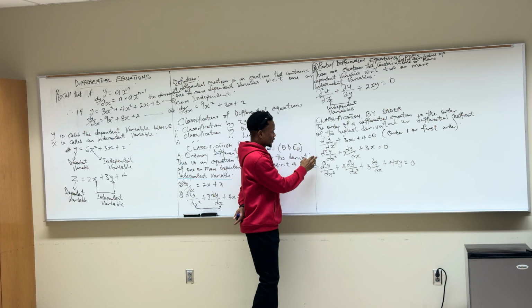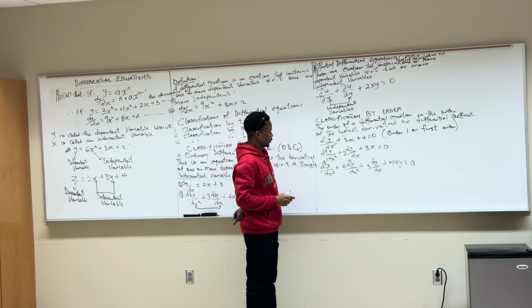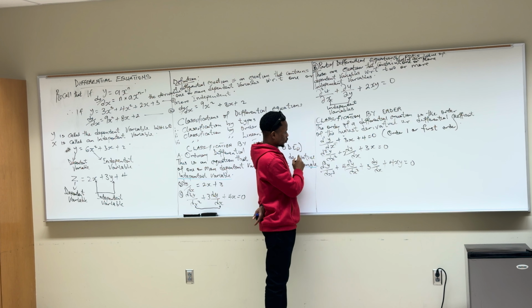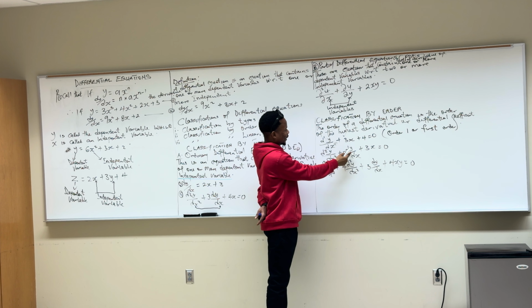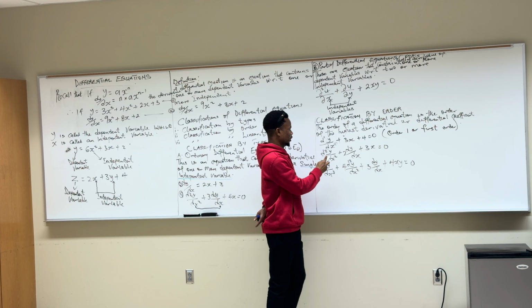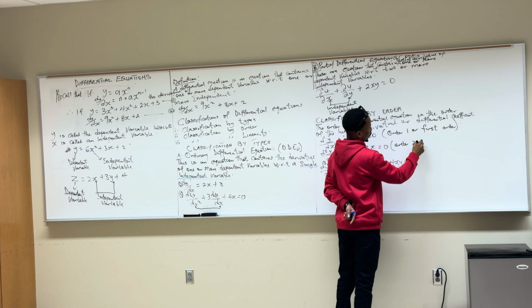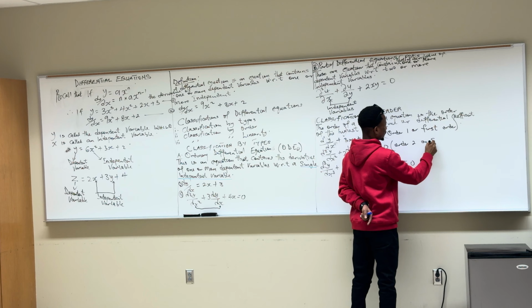When you look at this second differential equation, you will notice that this is of order 2, because this is greater than what we are having here. So therefore, this is of order 2, or second order.